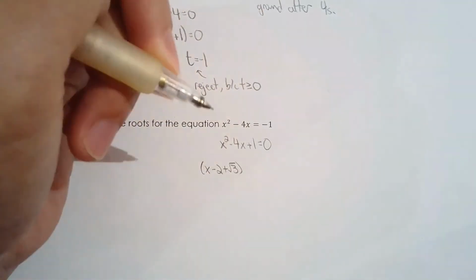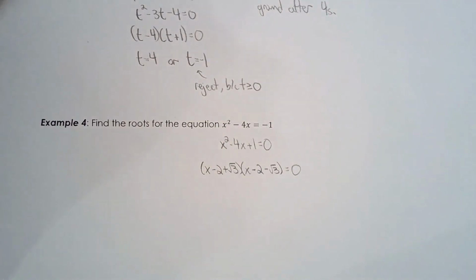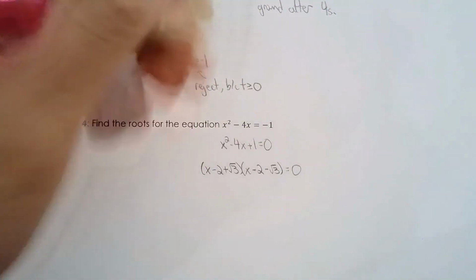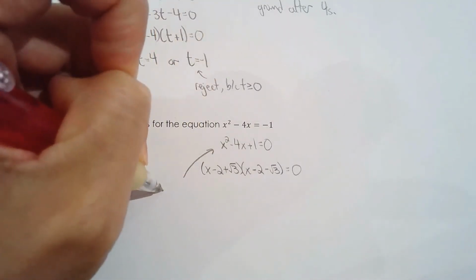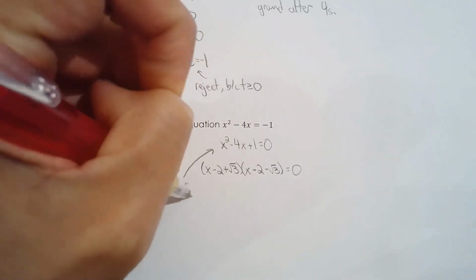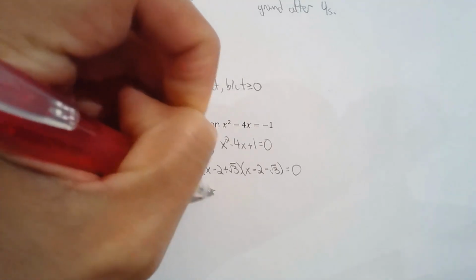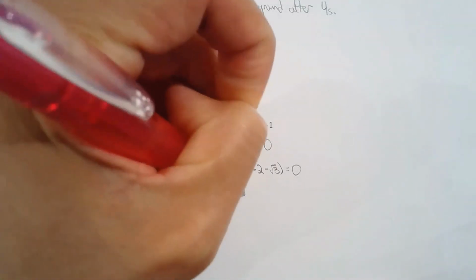It's x minus 2 plus root 3 and x minus 2 minus root 3. So what we say here, and we said this in the last unit, is it's not factorable over the rational numbers.